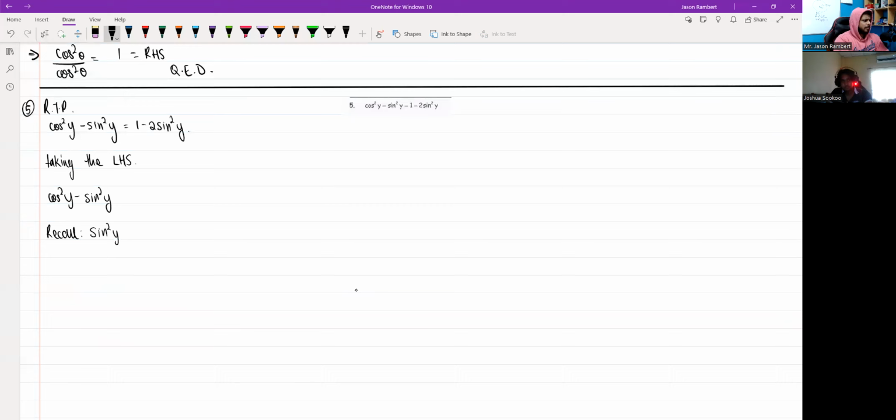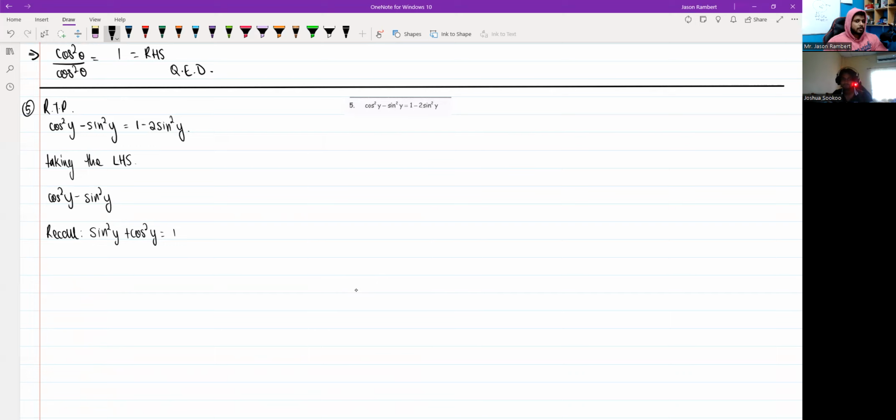Sine squared y plus cos squared y is equal to 1. What are you going to make the subject of the formula? We could make either sine squared or cosine squared. Which one do you want to make the subject?